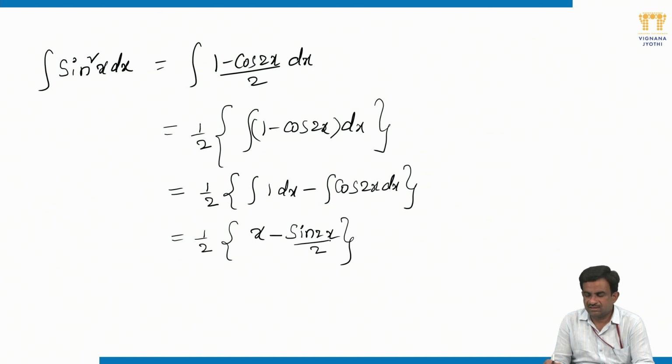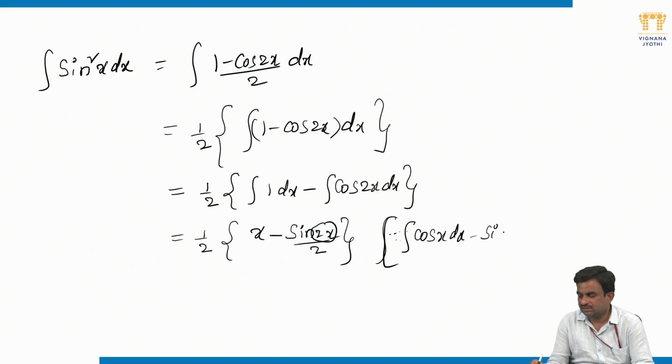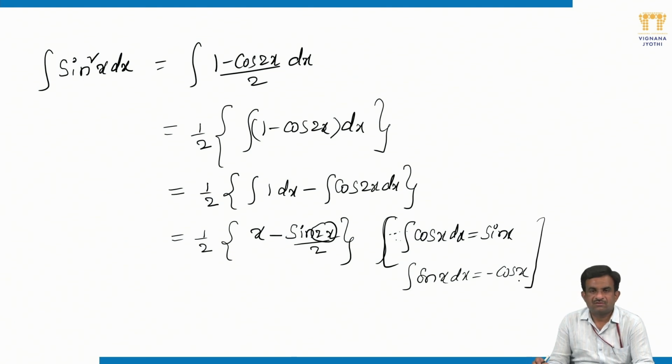Again we have to differentiate this 2x, and write that in the denominator. Because we know that the integration of cos x dx is sin x, and also that the integration of sin x dx is minus cos x. These two basic formulas are actually very important.